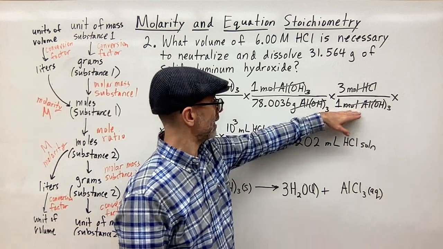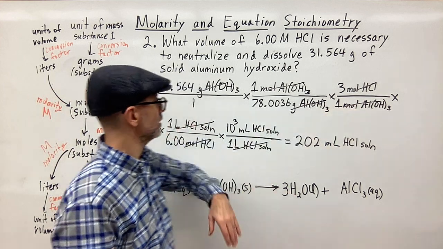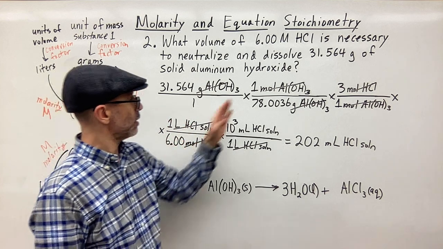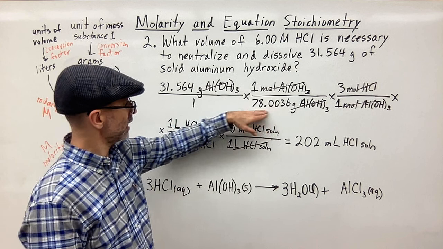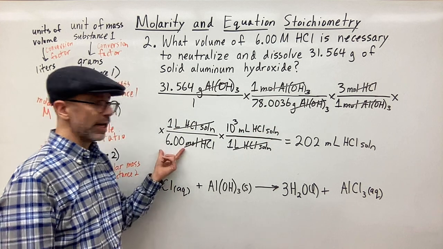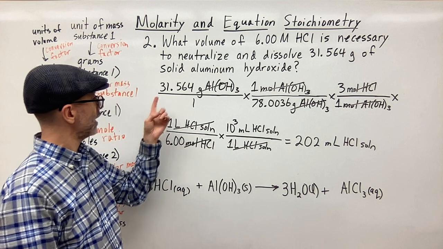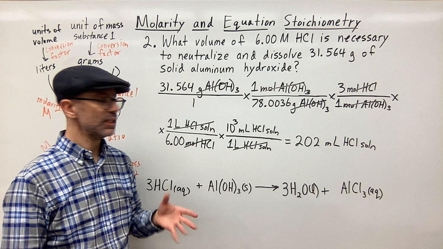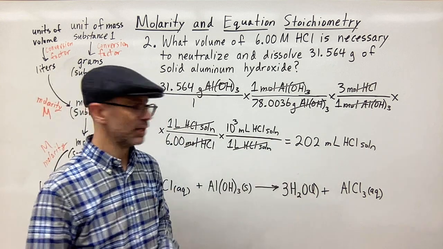Again, here, that is a mole ratio. Mole ratios are exact. And so what we're going to focus on is the molar mass here. So the molar mass here has 6 sig figs. The molarity that they gave us has 3 sig figs, and then the mass they gave us has 5. So the least number of sig figs is 3, so therefore our answer is limited to 3 sig figs.